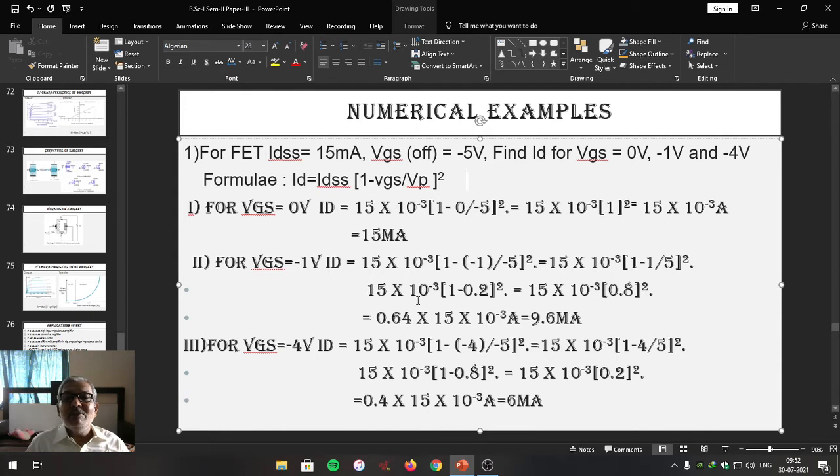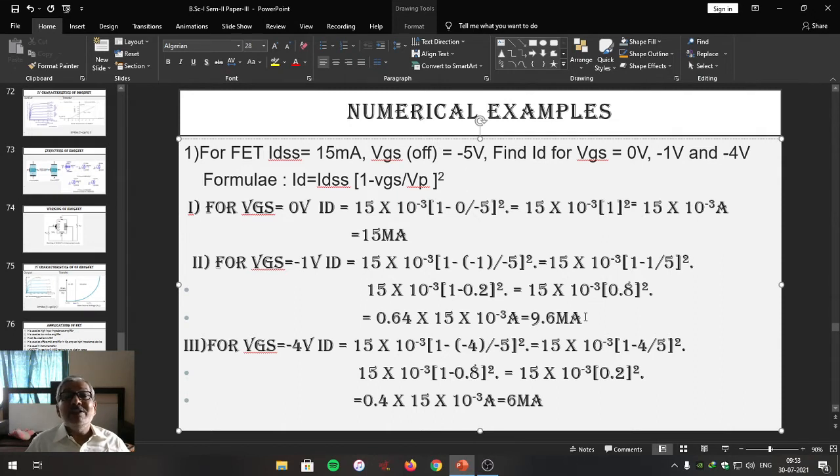So 15 into 10 raised to minus 3 into bracket 1 minus 0.2, bracket square. So that is 15 into 10 raised to minus 3 into 0.8 square. 0.8 square is 0.64 into 15 into 10 raised to minus 3. That comes to be 9.6 milliampere. So for VGS equal to minus 1 volt, ID equals 9.6 milliampere.